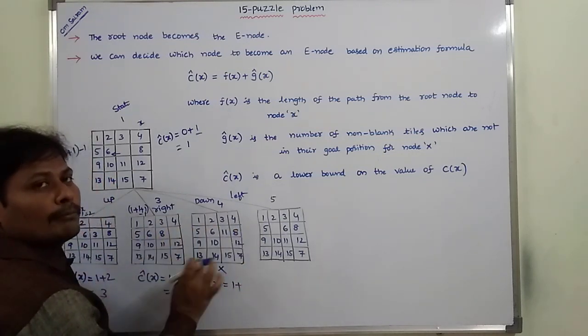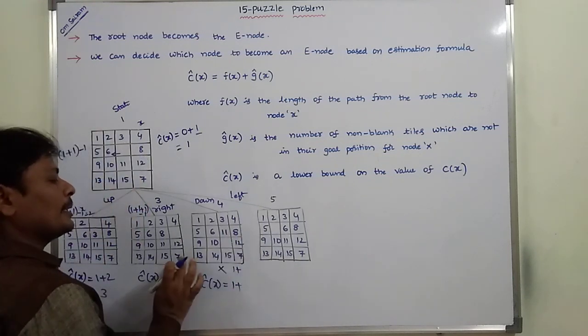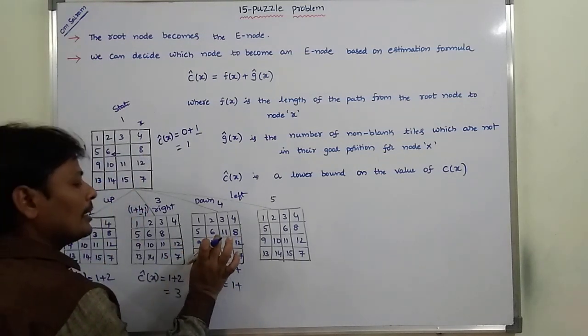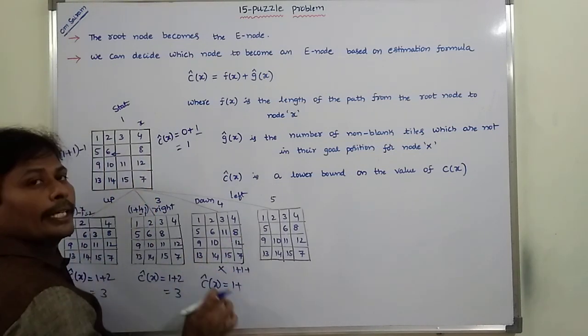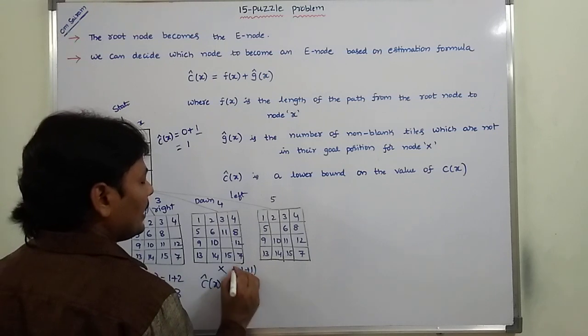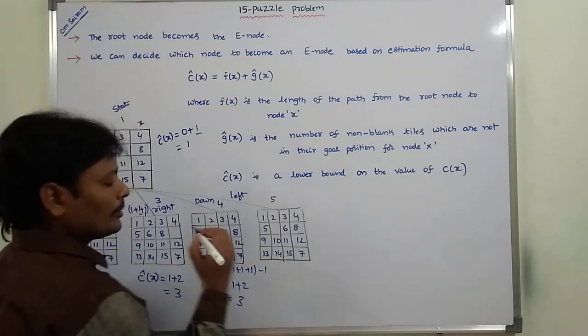Here it is a 7, but it is 11. So 1 not correct position, 8 correct position, 9, 10 correct position. This is not the correct position. 12 correct position, 13, 14, 15 correct position. 7 is not in correct position. So that is 3 minus 1, that is 2, that is equal to 3.